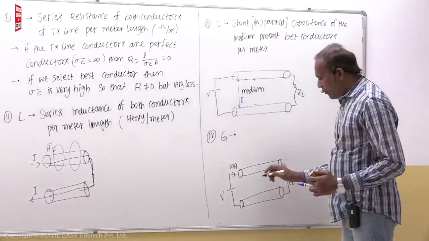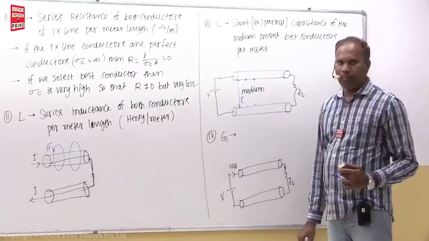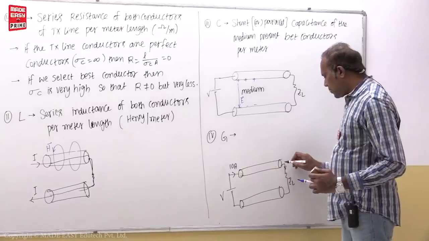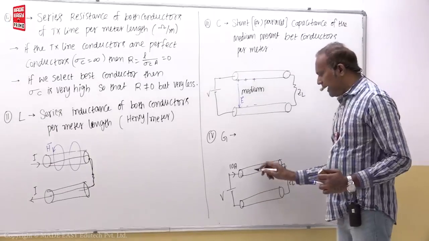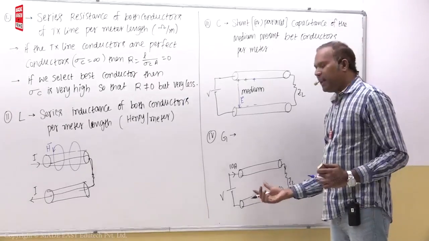When there is no current leakage, 10 amperes come here also, and then the conductance of this medium is 0.